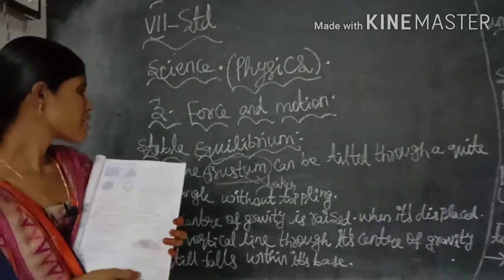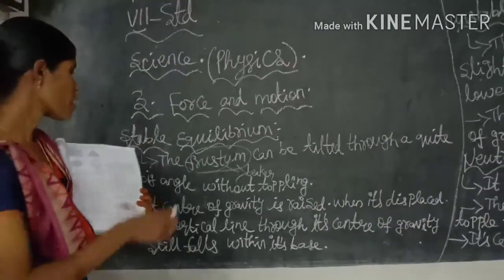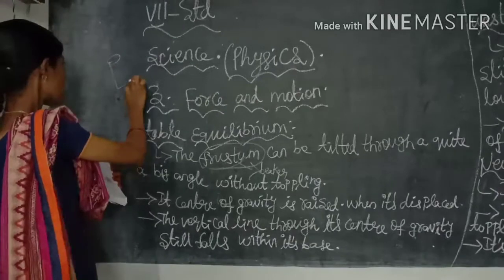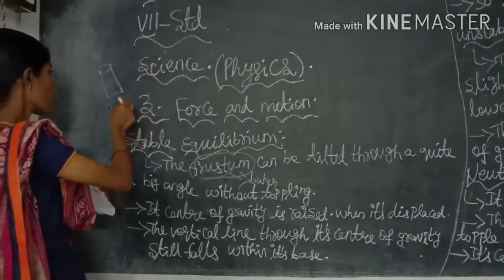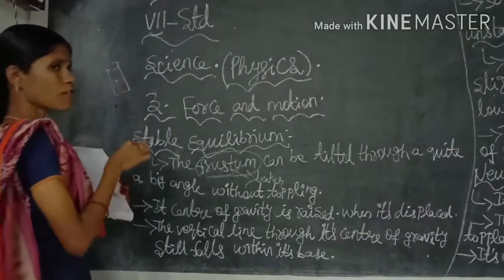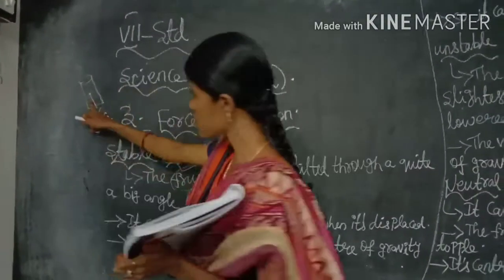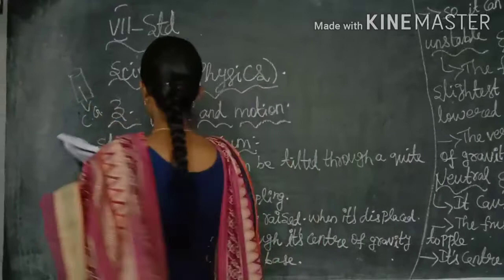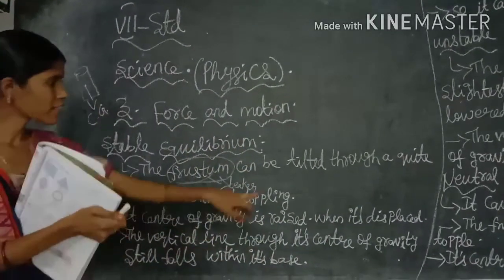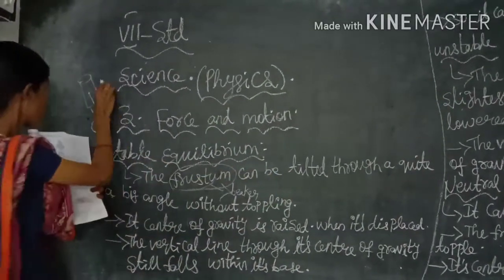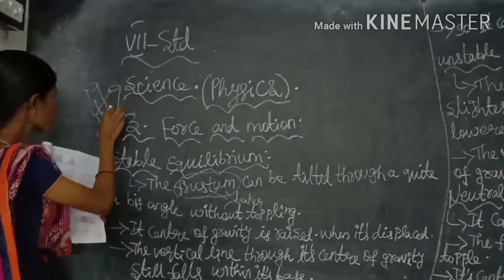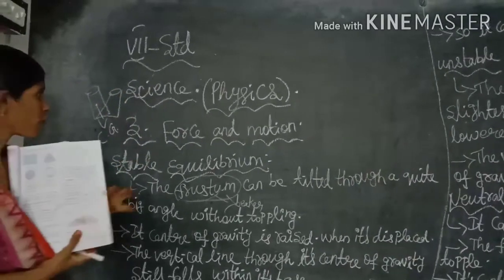So its center of gravity is raised. First, for this beaker, this is the center of gravity. After it is tilted, it is like this. So the center of gravity is varied in this case.